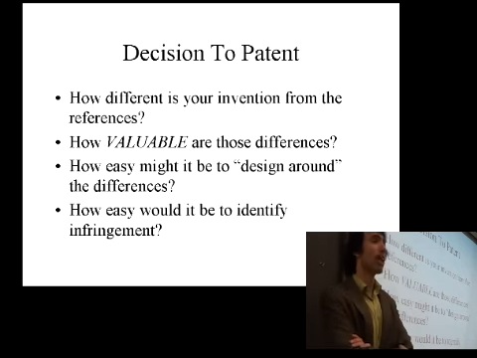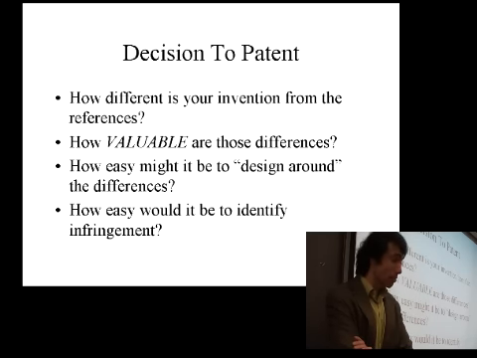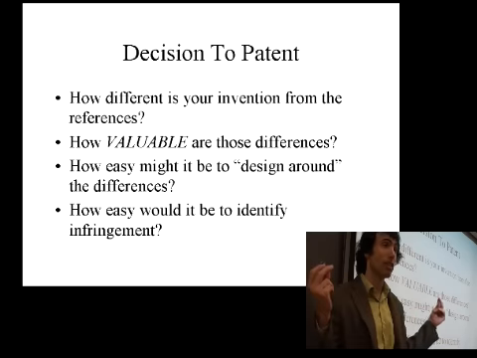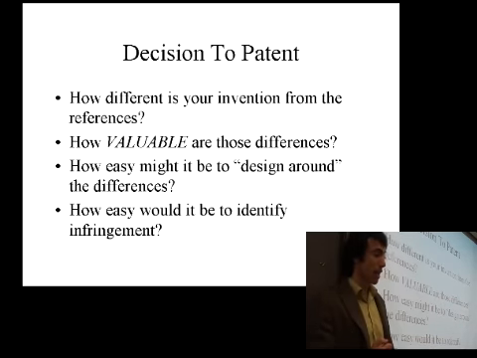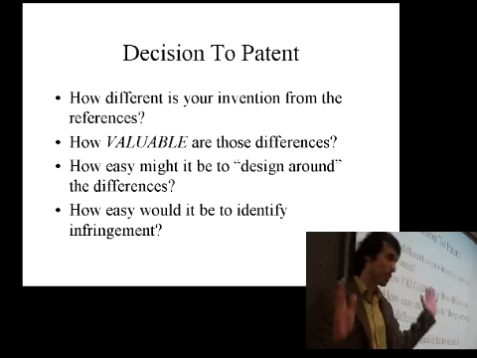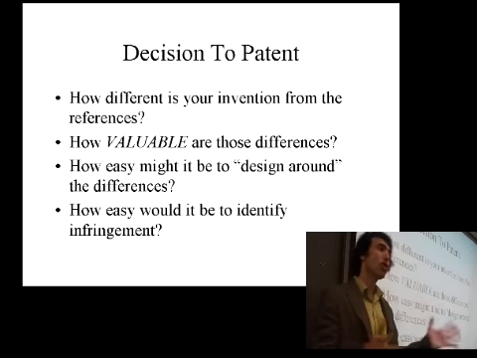Here's an example of design around. General Motors has a patent that when you put your car into drive, the power locks lock. So as soon as you put it in drive, you hear a click. Now Volkswagen, they would also like to lock the doors automatically, but what they do is you put it in drive, everything's still unlocked, and as soon as you go about 10 miles an hour, it locks.